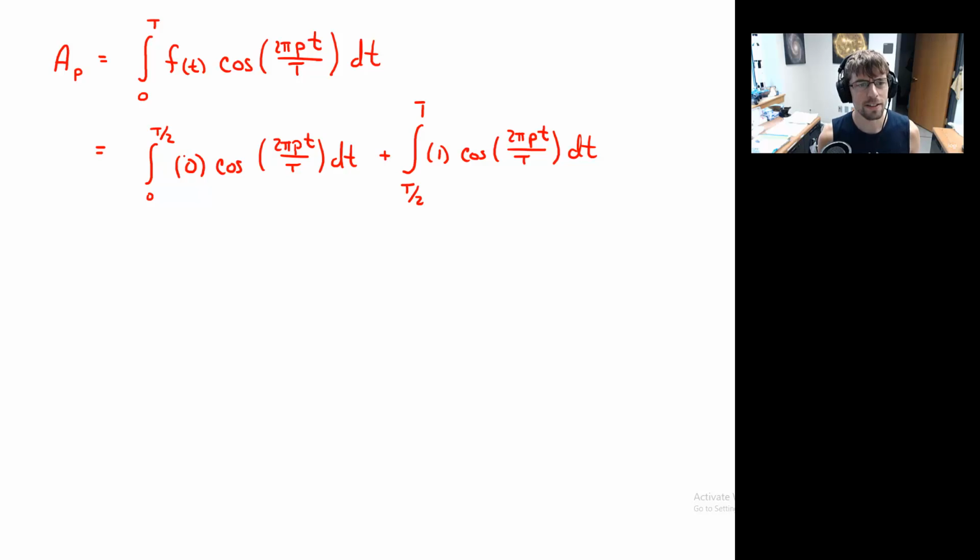And you say, oh, that's simple enough. This first term is 0 because the function is 0. And so I am left with integrating this second function.